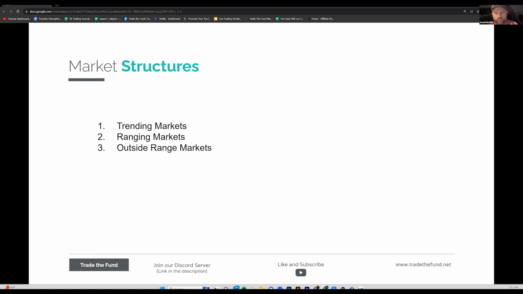And so let's take a look at the primary market structures. We have trending, ranging, and outside range markets. Now, first, imagine that the trending markets are kind of like summers and winters, right? Like those long stretches of sunny days or recurring snowstorms in the wintertime. They have clear direction.